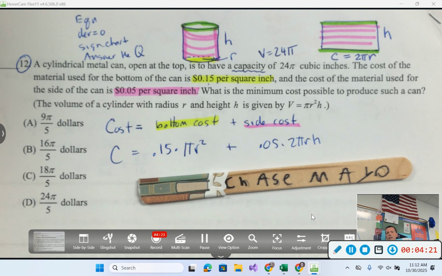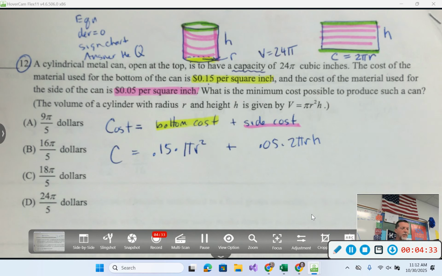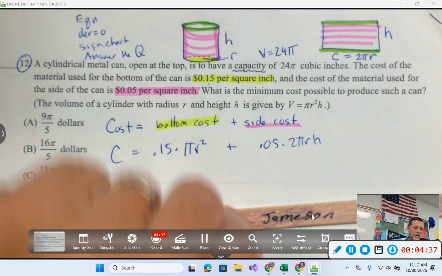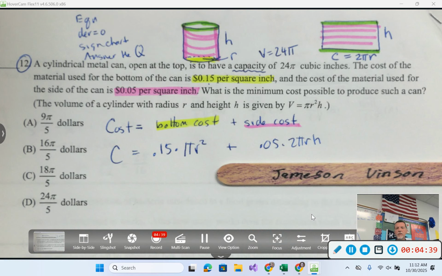But why would I not like to take a derivative of it right now? Not the pi. I mean, the pi is kind of annoying, but I can't really fix that. Too many variables. So I'd like to get rid of one of those variables. It would be nice if there was some other information that I could use to figure out a relationship between R and H. What else do we know?